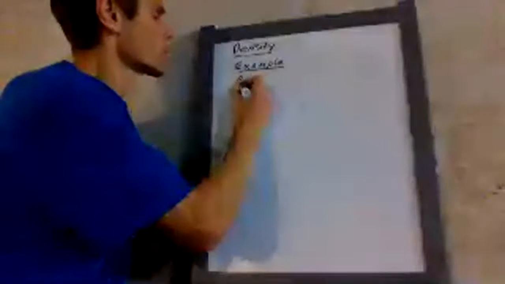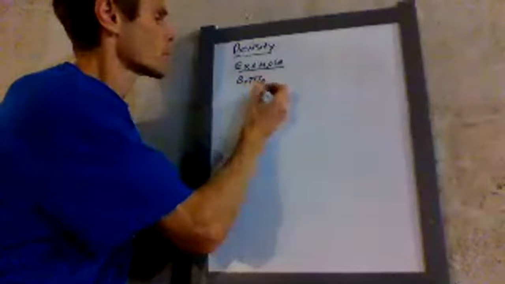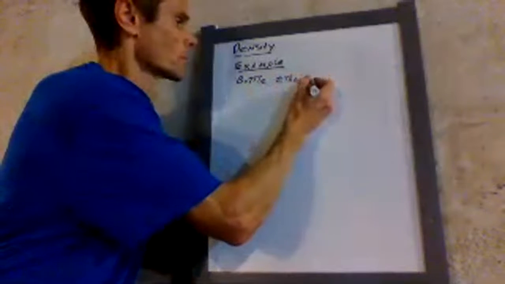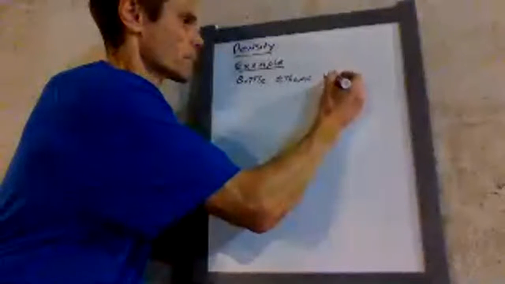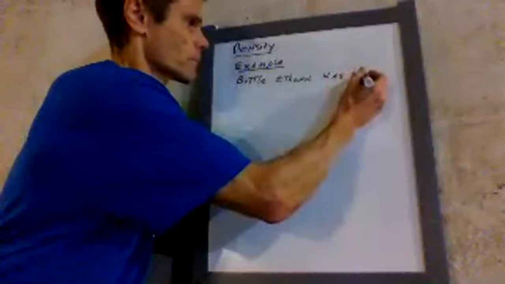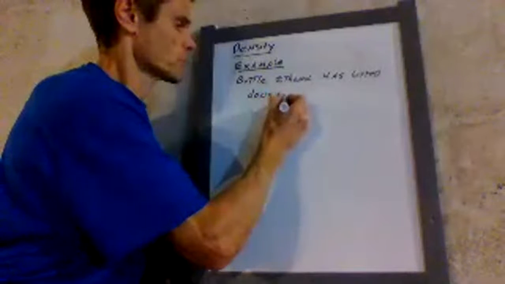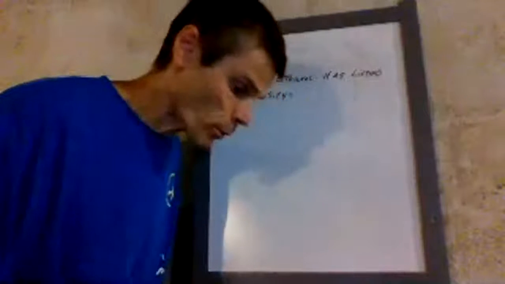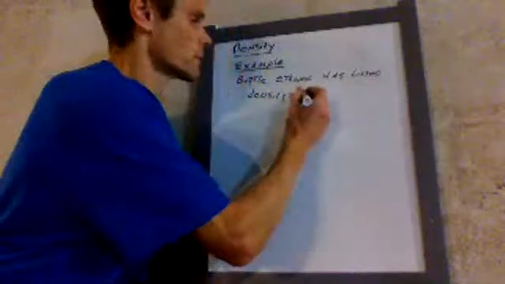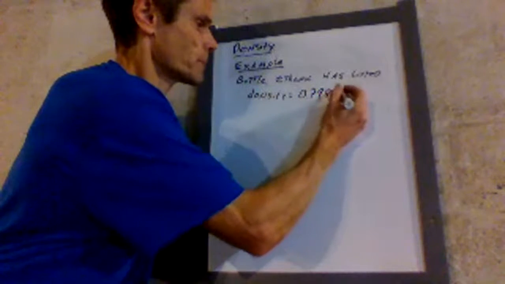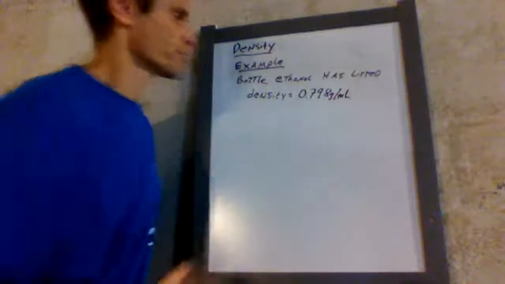Now, on the bottle of ethanol it has listed that the density of the ethanol is going to be 0.798 grams per milliliter.